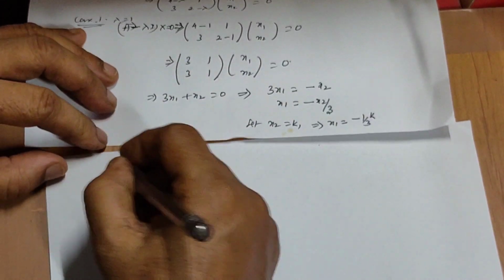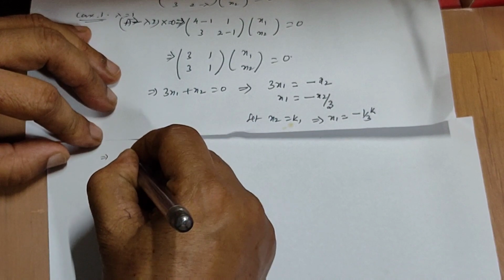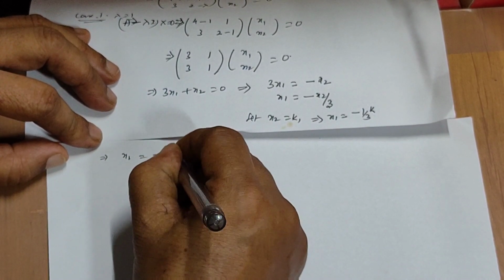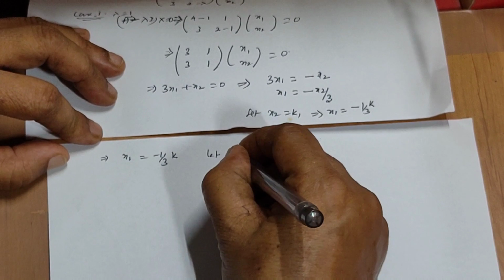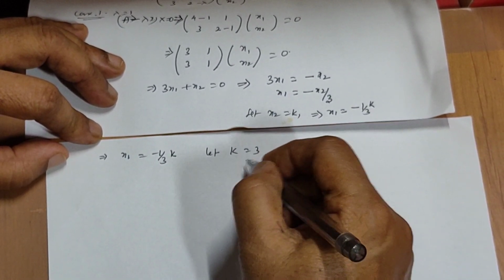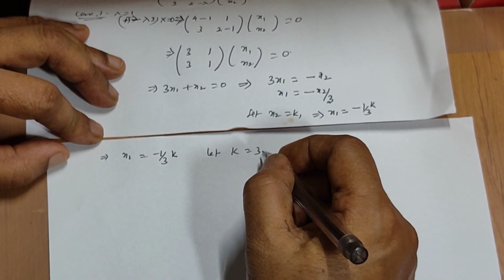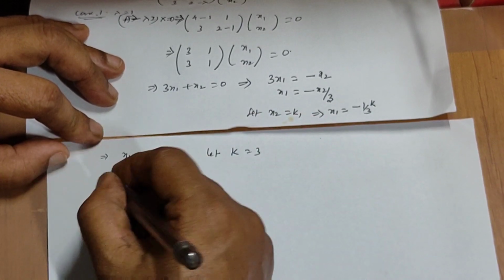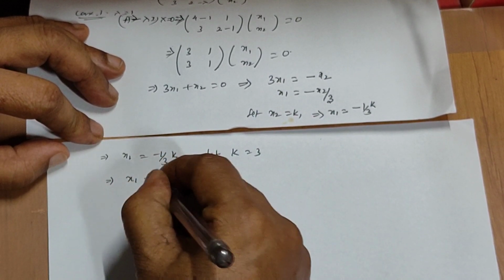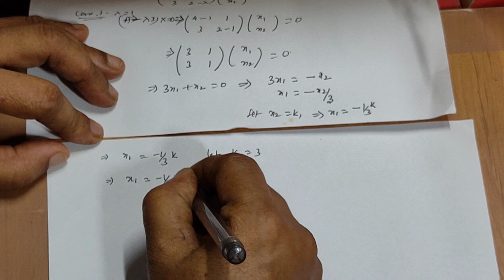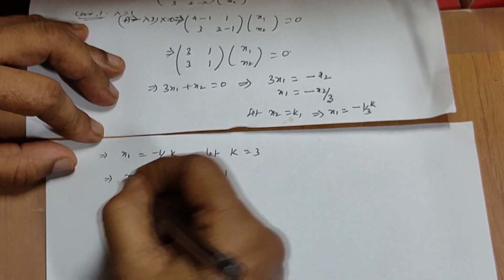In this I got x1 as minus 1 by 3 of k. Let us choose k as 3. I can take any value for k, but the least value is always the best. So you will get x1 as minus 1 by 3 of 3, which is minus 1.